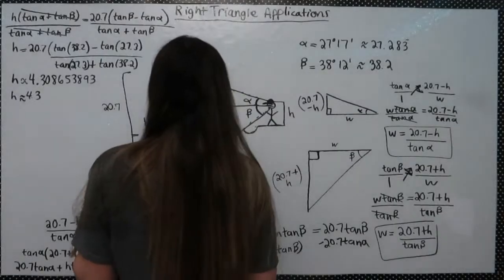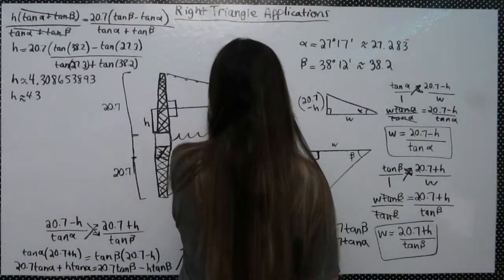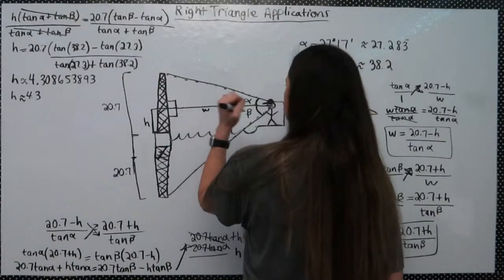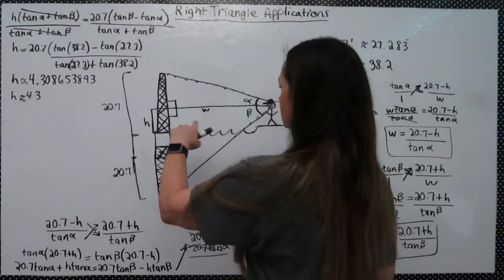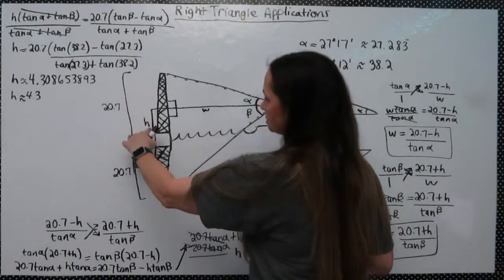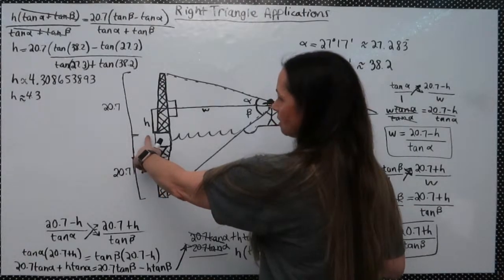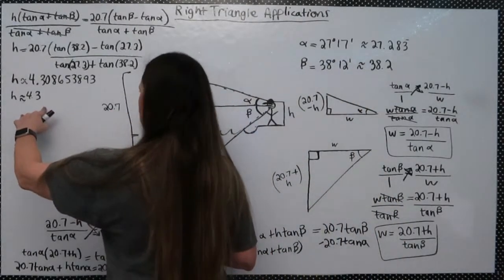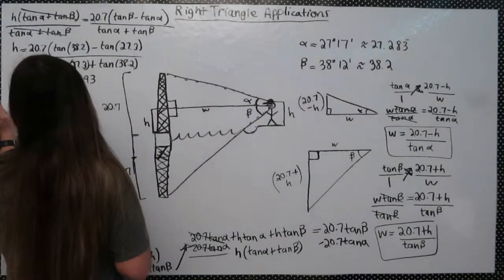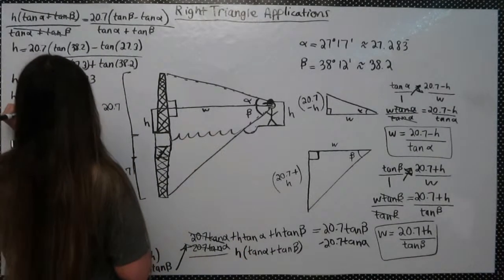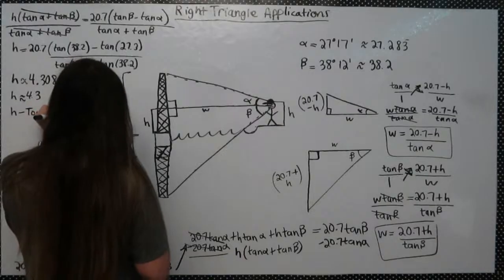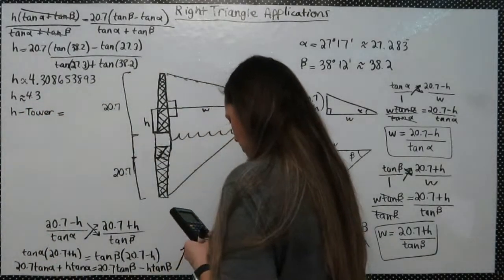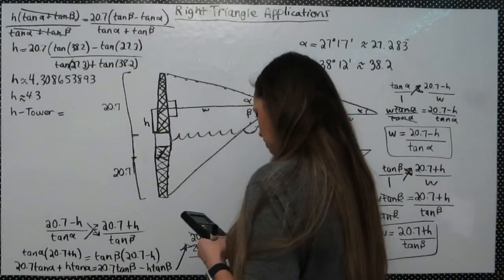All right, so in order to use the smaller triangle to figure out this length here, I've got to subtract the height from the total height of the tower. So we're going to say 20.7 minus 4.3.